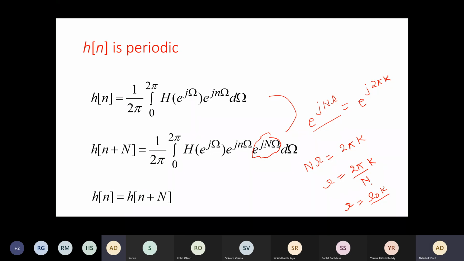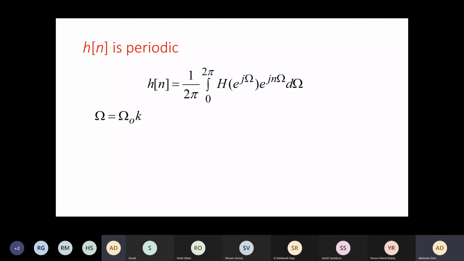This will not be true for all values of omega, clearly. h[n] will be same as h[n plus capital N] only for discrete values of frequencies. Okay. Is this okay? I guess so. It's so simple. Yes, sir. I have said all of this.